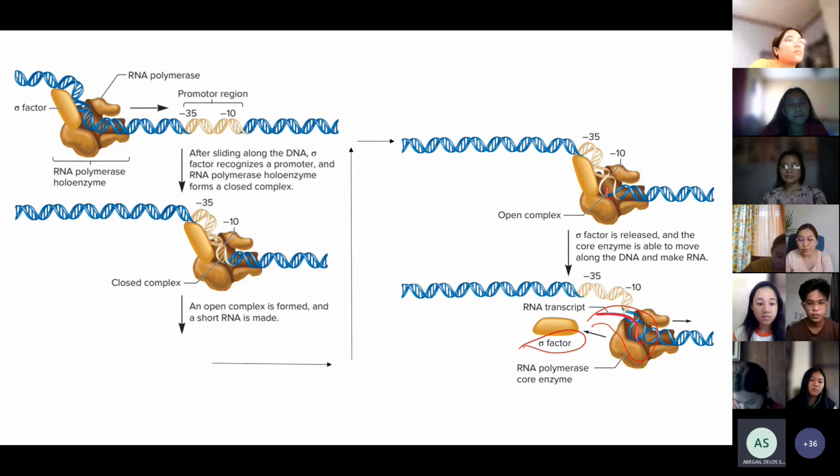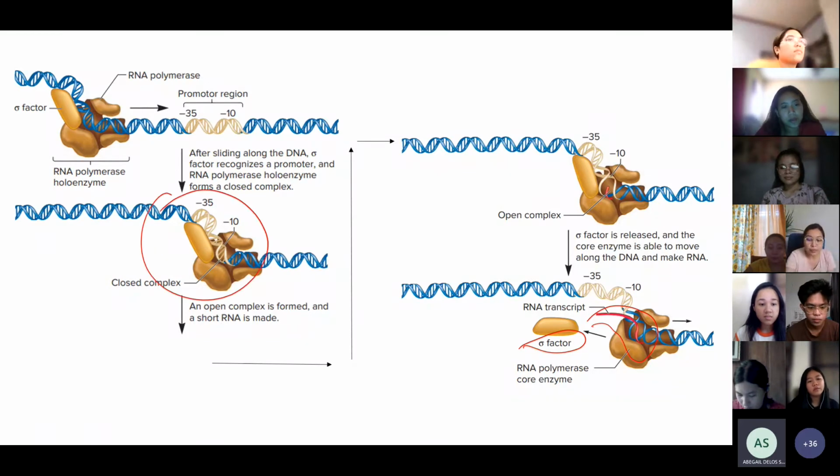So again, we have your RNA polymerase, and inside your RNA polymerase would be the sigma factor. Your sigma factor would bind to the promoter. Once they have bound together, they would form your closed complex.